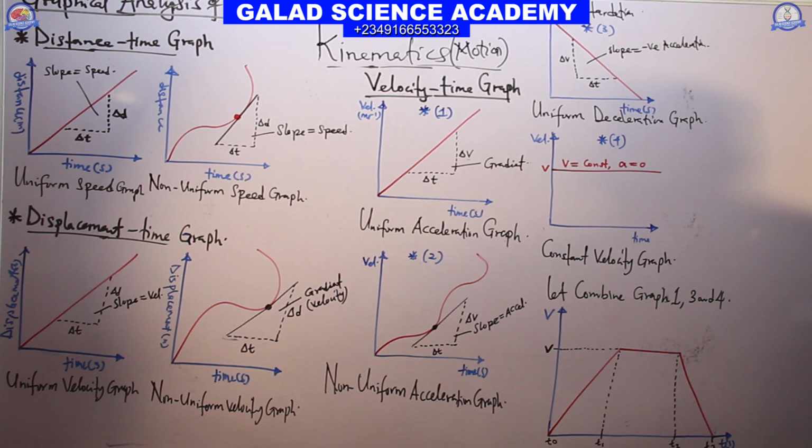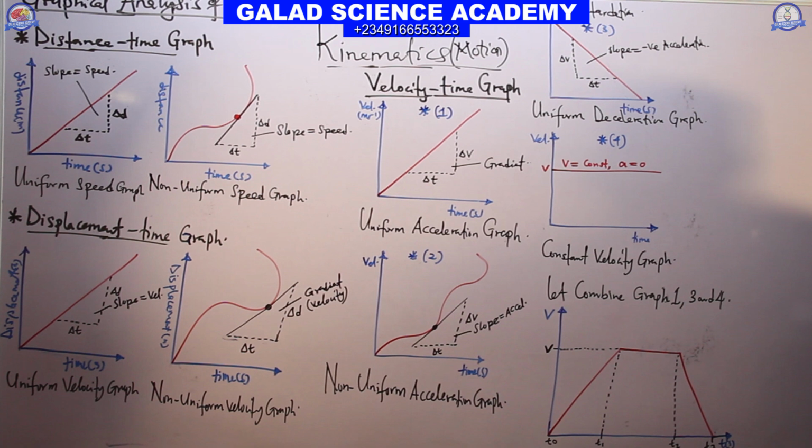Whenever you have a negative value of acceleration, the velocity is decreasing. Here the velocity is increasing from 0 upward, but here the velocity is decreasing from upward to 0.